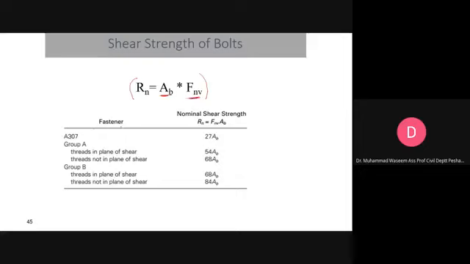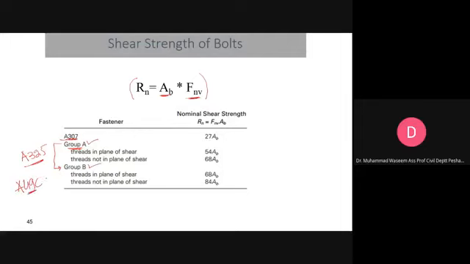As I told you, there are two types of bolts: unfinished bolts and high strength bolts. High strength bolts are designated as group A or group B. The group A representative high strength bolt is A325, and the group B designated high strength bolt is A490.